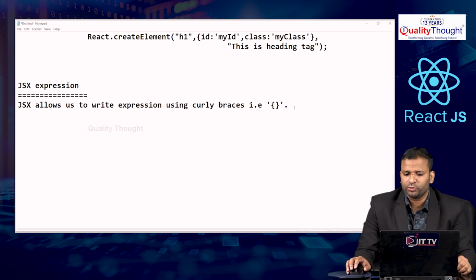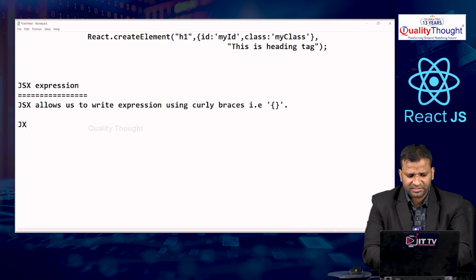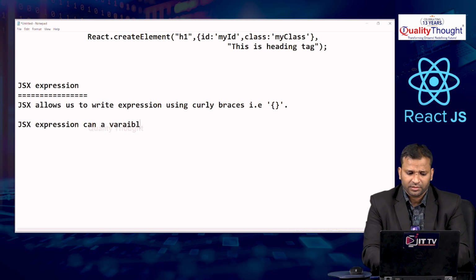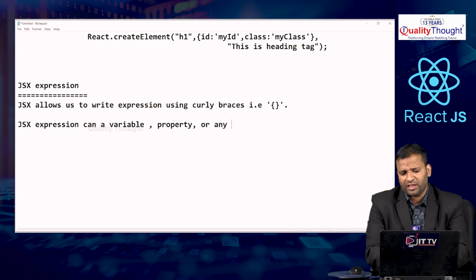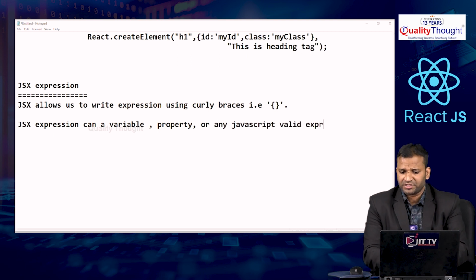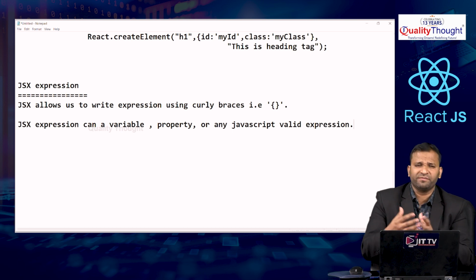Inside this only we need to write. Or let me say a JSX expression can be a variable, it can be a property, or any valid JavaScript expression. It can be a predefined function, anything.